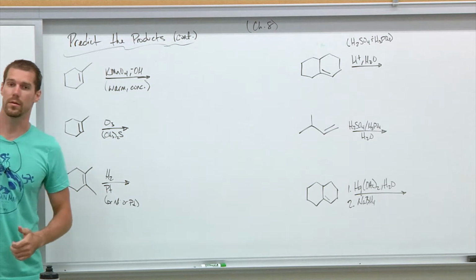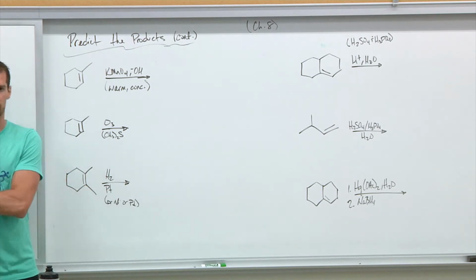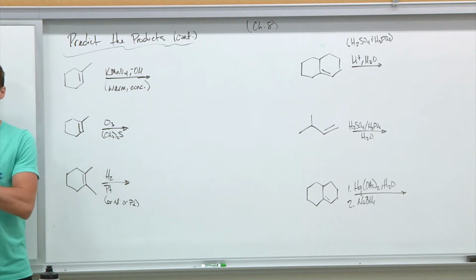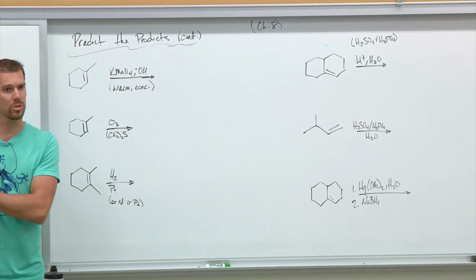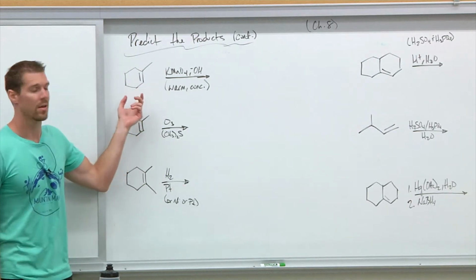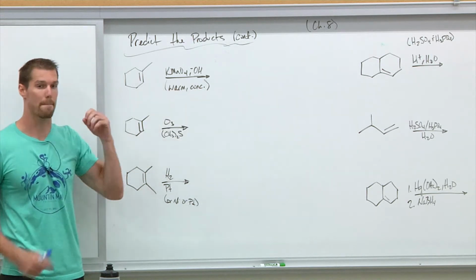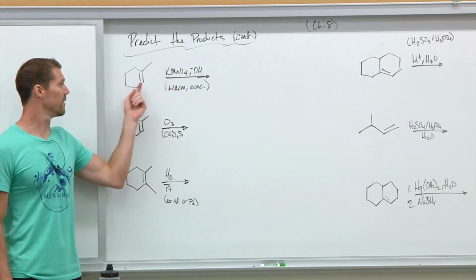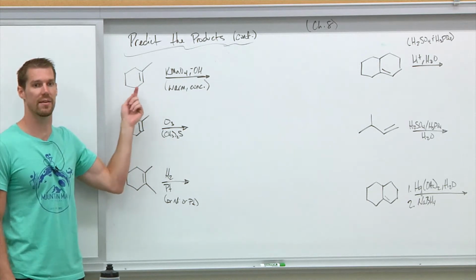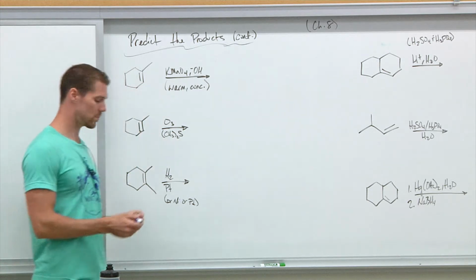On the last one, it made a diol. So we added hydroxide groups or alcohols to our hydrocarbon. This is now strong enough under these conditions to break apart this bond completely. So this is oxidative cleavage, all right?